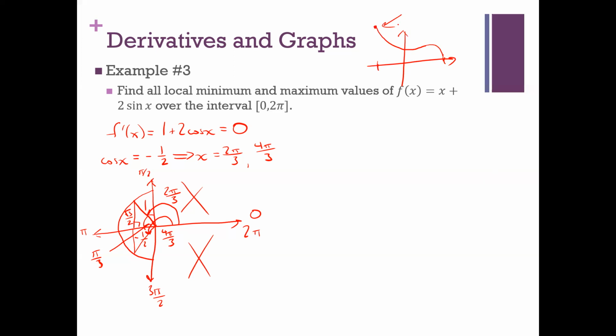So how can I find out? Let's just stick with 2 pi over 3. How can I find out whether that x value gives me a local min, local max, or neither of them? Line thing is always useful. What should I populate the line thing with, numbers or slopes?